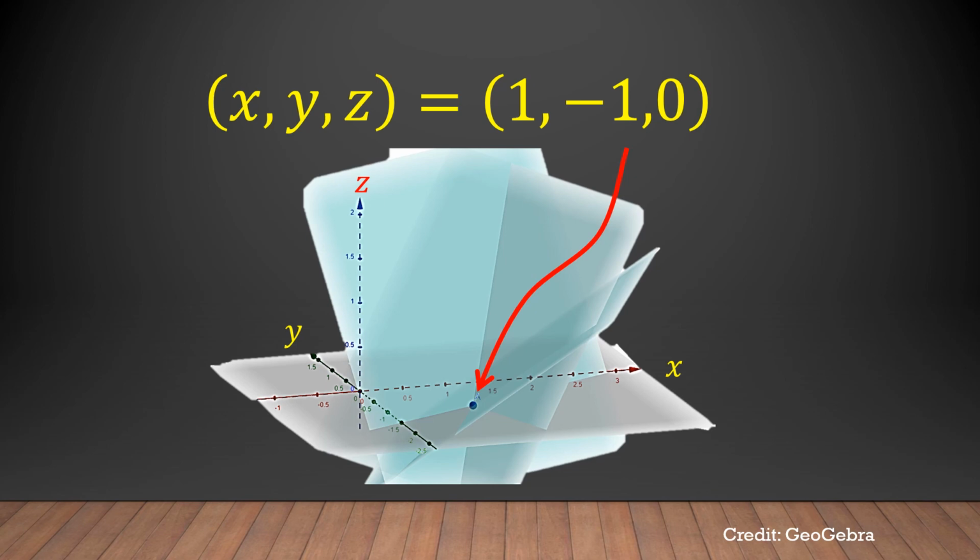If we go positive x on the positive x-axis 1 unit, and then go -1 on the y, which would be coming out of the page, and then don't go up or down any, that is indeed where this point lies. So that's the more physical meaning of what this three-dimensional solution is.